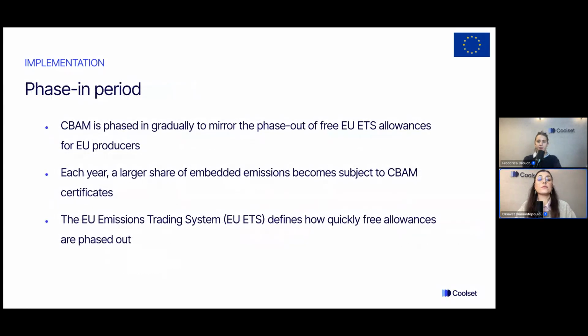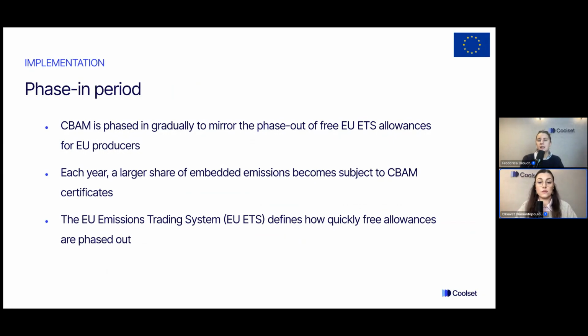And this phase-in period, what does this look like? So it's phasing gradually to mirror the phase-out of free EU ETS allowances for EU producers. What this means is that currently free allowances exist to protect EU producers in sectors such as steel, cement, and aluminium from international competition.